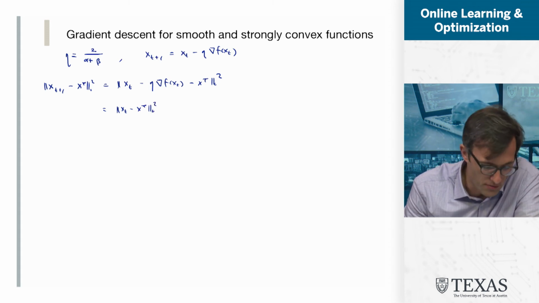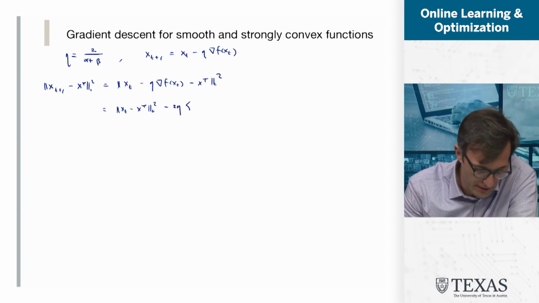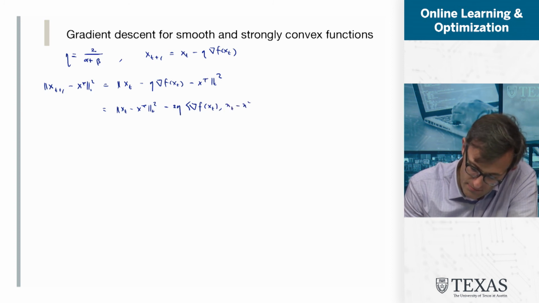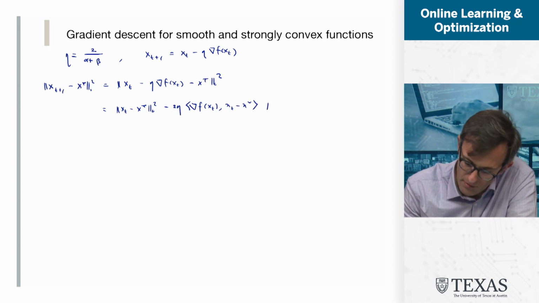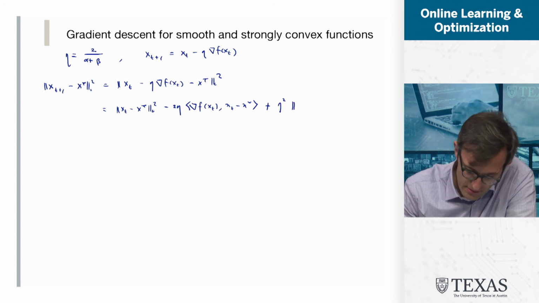So these terms should start looking a little familiar. Minus 2 eta, this is my cross term, gradient of f of x t times x t minus x star, plus the square of the second term, which is eta squared times the gradient of f of x t squared.